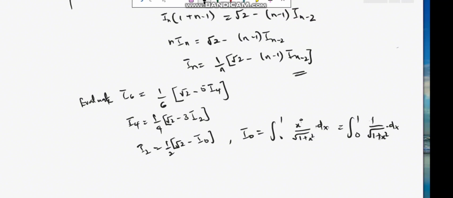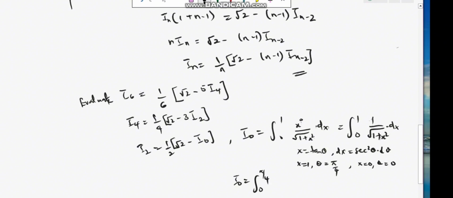So we can use substitution, using x equals tan theta. So dx will basically be sec squared theta d theta, and the bounds will change. When x is 1, theta is pi over 4, and when x is 0, theta is 0. So we now have I_0 equals the integral from 0 to pi over 4 of sec squared theta d theta over sec theta.